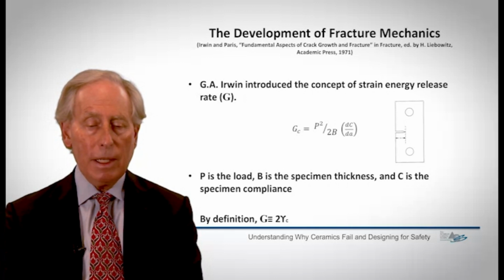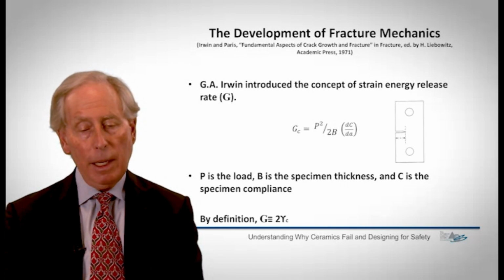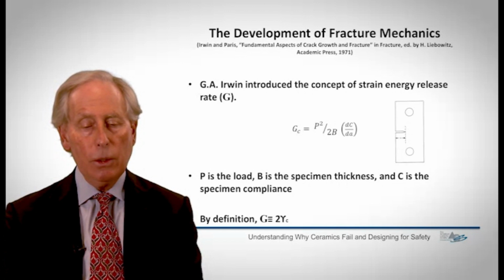G, I won't go into the reasons why he called it this, was related to the load I put on it, P, the thickness, B, and the change of compliance in the specimen with respect to the size of the crack itself, dC/dA. Given this kind of configuration, what he called G sub C, strain energy release rate, is very equivalent, and I'll show in a minute how it's related to the fracture energy that Griffith introduced many years earlier.